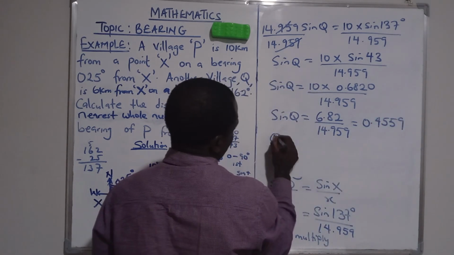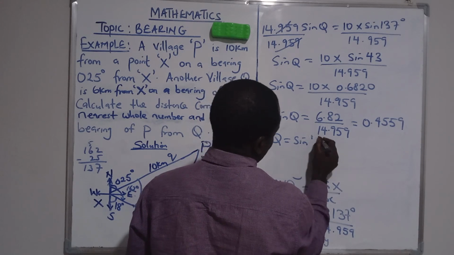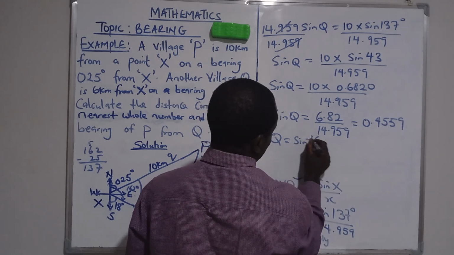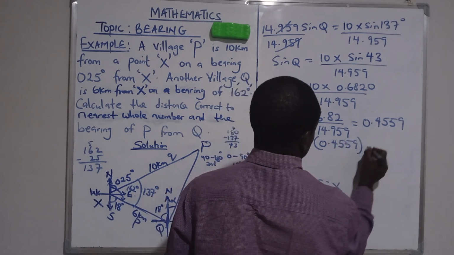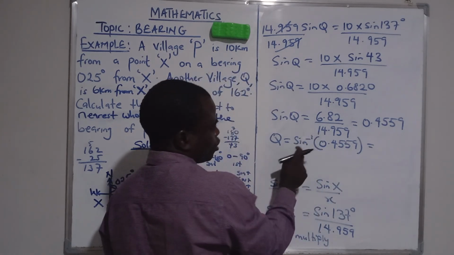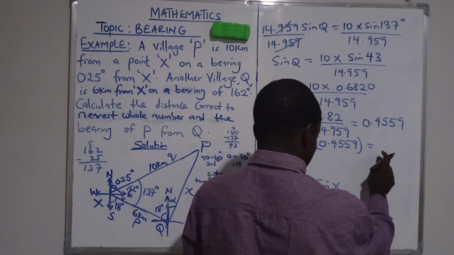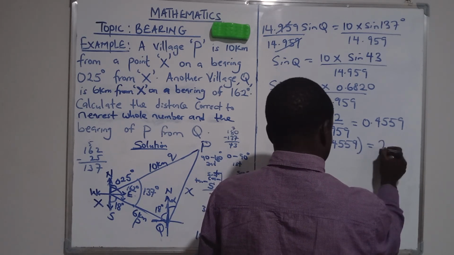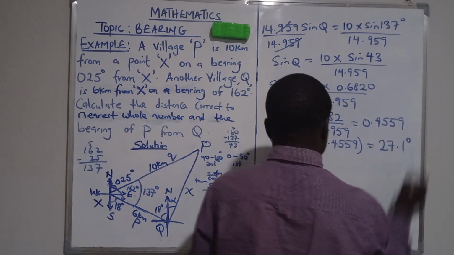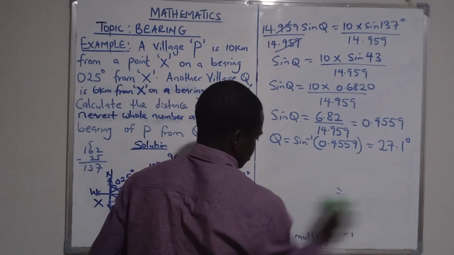Now q equals sine inverse of 0.4559. We press the second function sine on this figure, and you get 27.1 degrees.